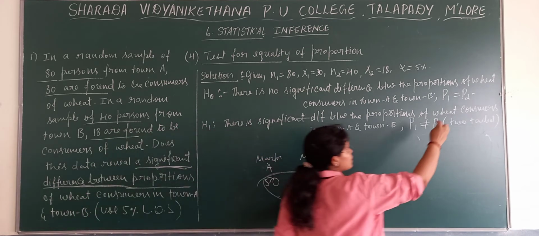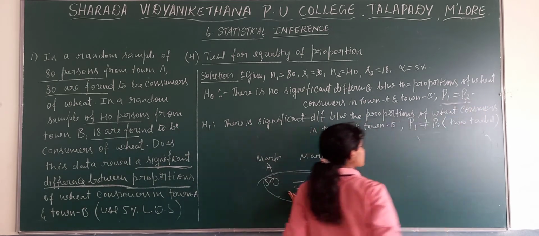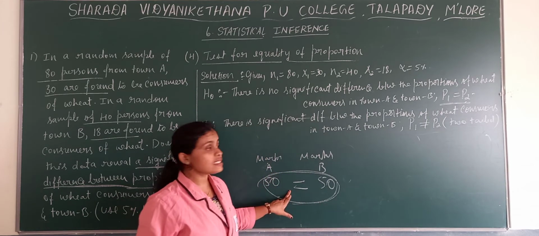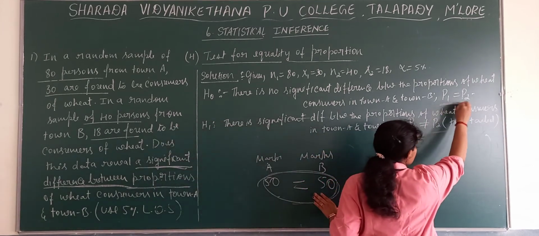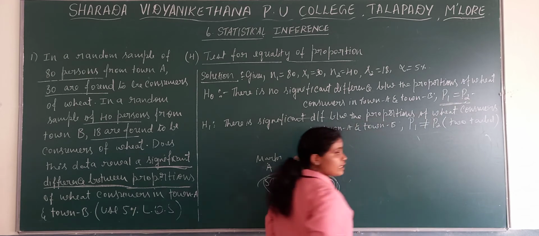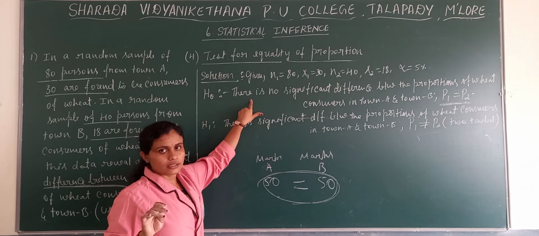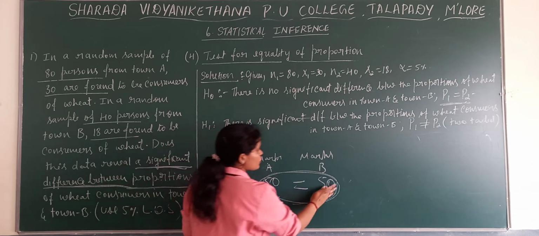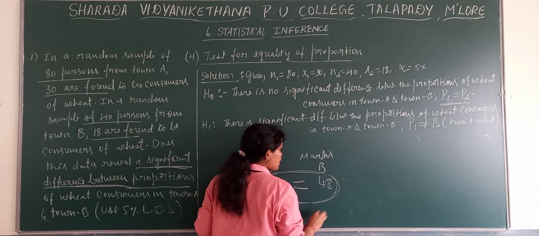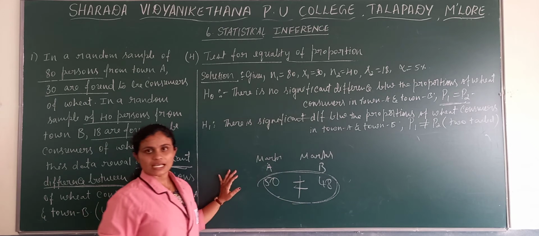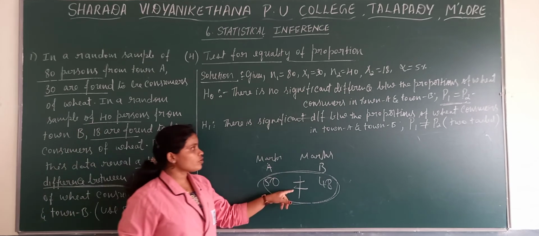So in case of a two-tailed test or one-tailed test, the null hypothesis should always be equal. In order to make it equal, we write the sentence as there is no significant difference. If there is significant difference, it means it is not equal.